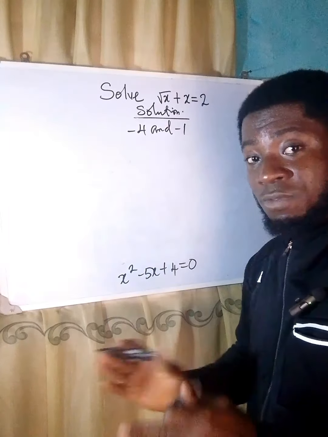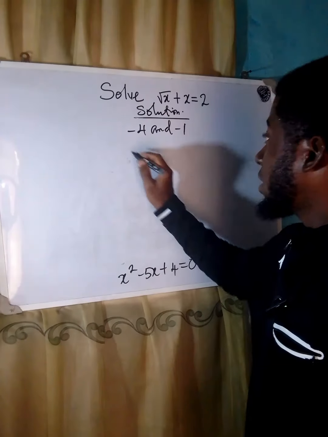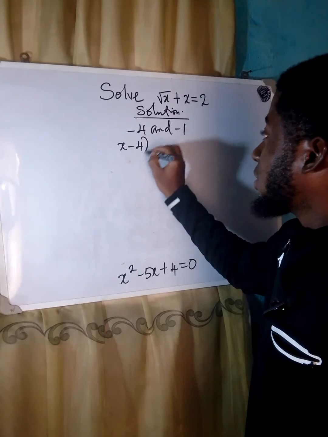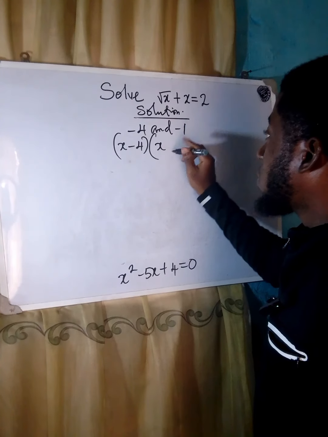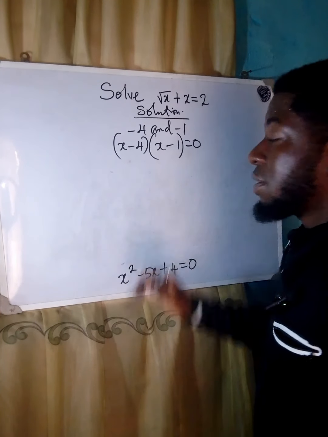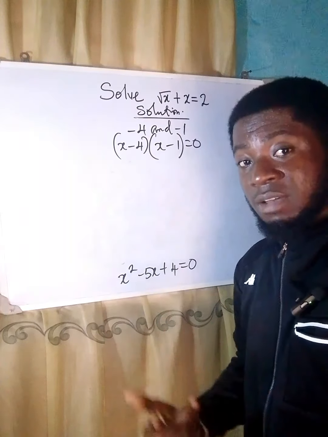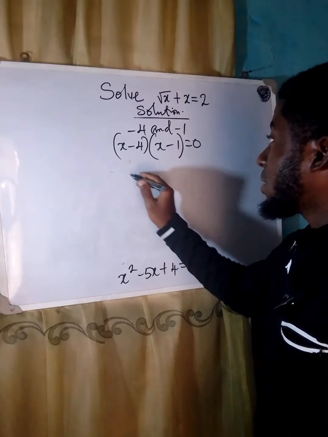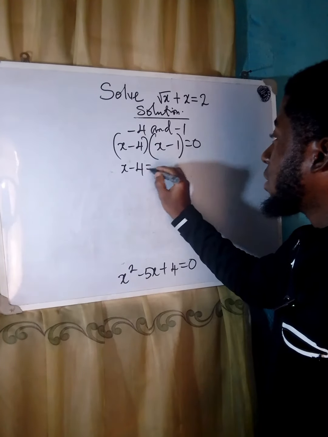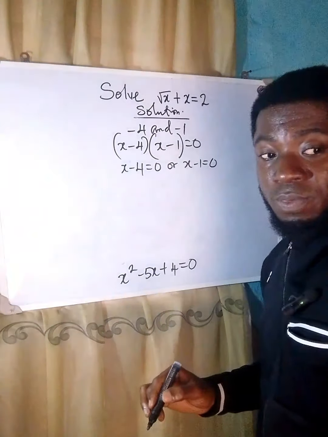Now, to get the two factors of the quadratic equation, we're going to have x minus 4 as one factor, and the next factor is going to be x minus 1, and everything is 0. And every time you multiply two terms to get 0, either of them must be equal to 0, right? So we are going to say that x minus 4 is 0, or x minus 1 is 0.